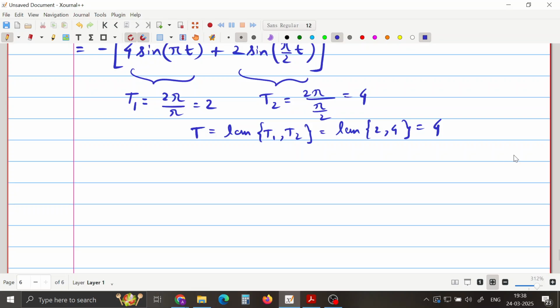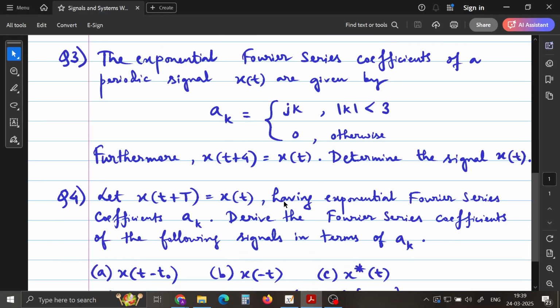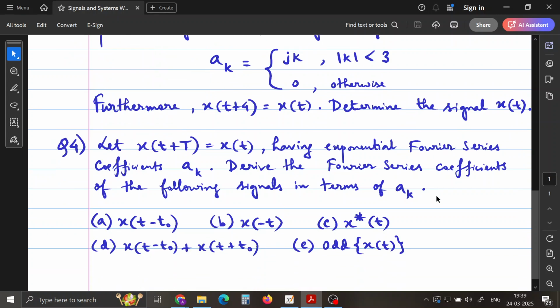So now let us move to the last problem. It will have some subparts. This is the fourth question. Again, we'll explore the different properties of Fourier series through this example.